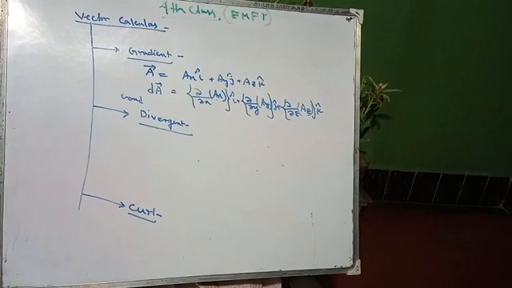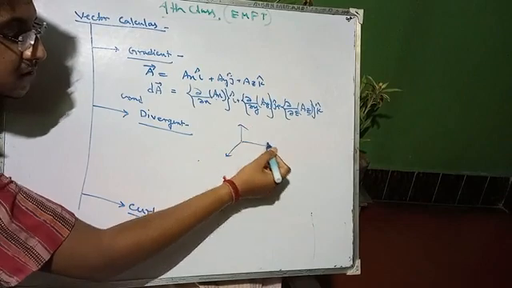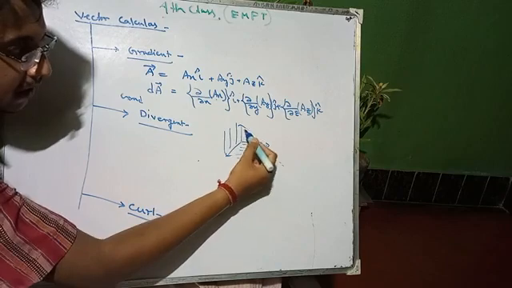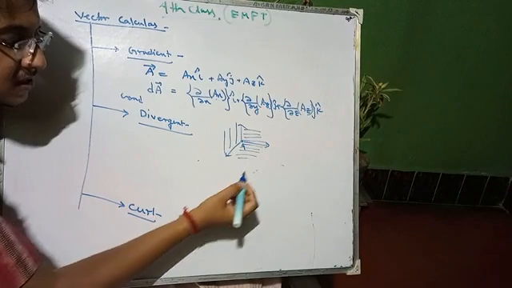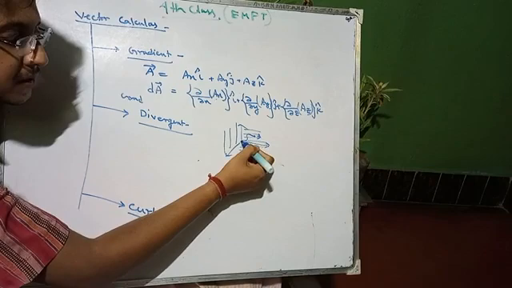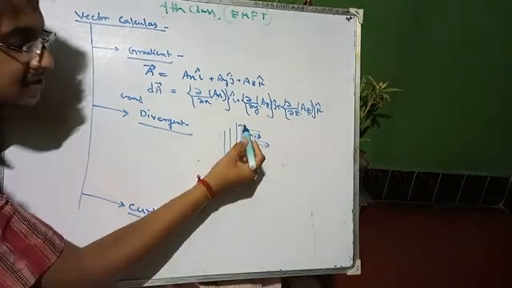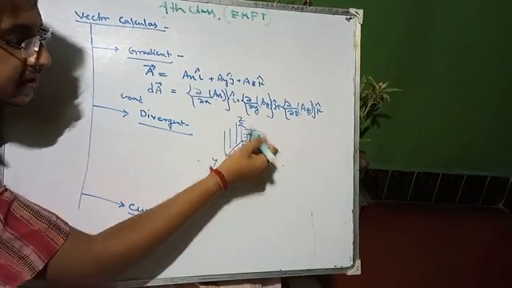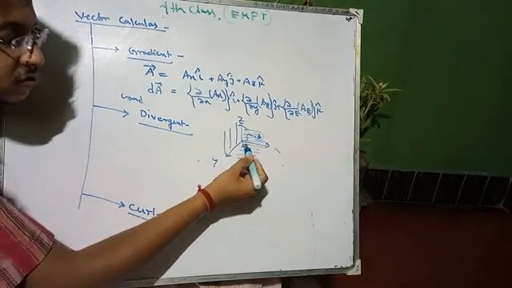Suppose I am drawing a room. These are three walls, this is the floor, the basement floor, and this is a wall, and this is another wall. If we consider a point A at origin, and now it moves in space up to B. This B is in space, that means it is not on any of the x, y, z planes.